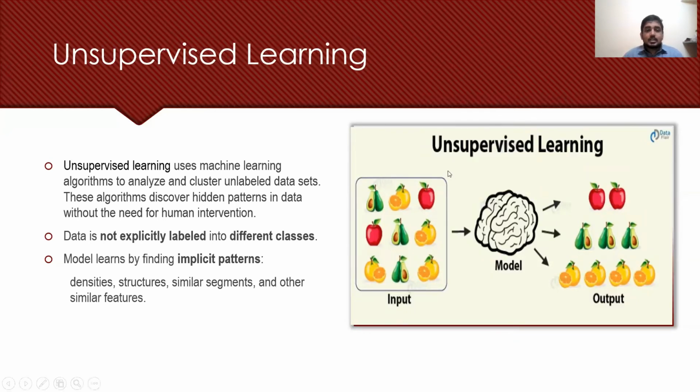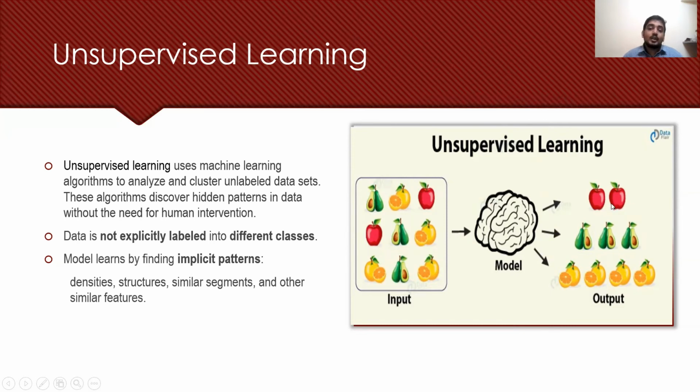As we can see here, if we feed multiple images, it finds some patterns, like there is a small semicircular ring here, there are colors of the fruits, and it divides them. It does not know if it is an apple, a pear or an orange.